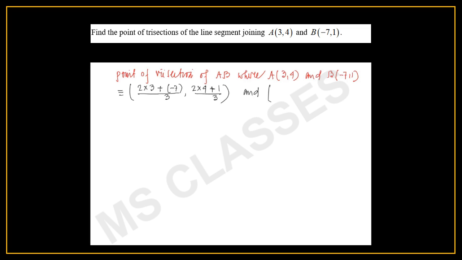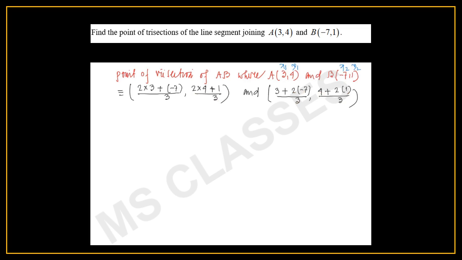And we have another one where we have x1, that is 3 plus 2 into -7 by 3, comma, y1, that is 4 plus 2 into 1 by 3.